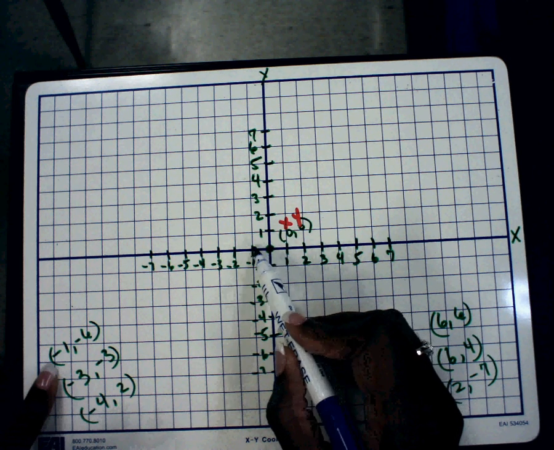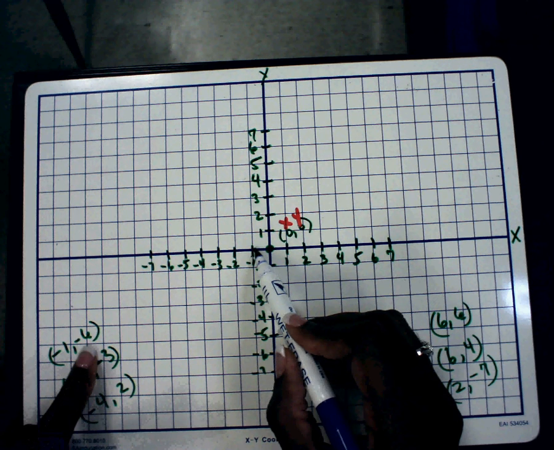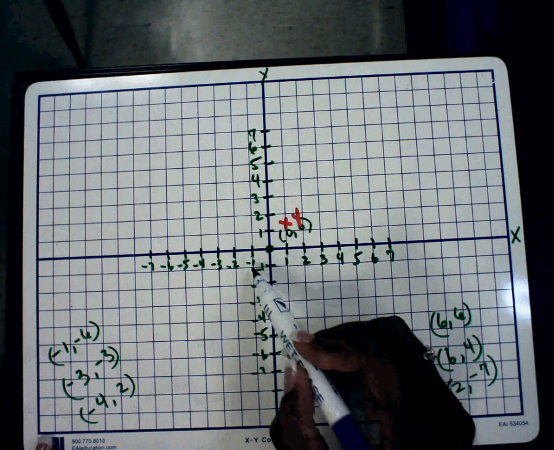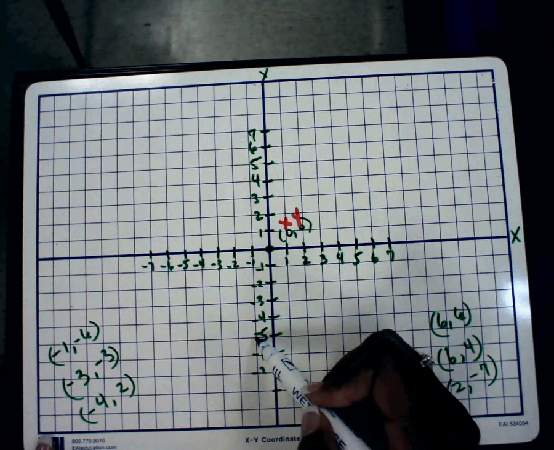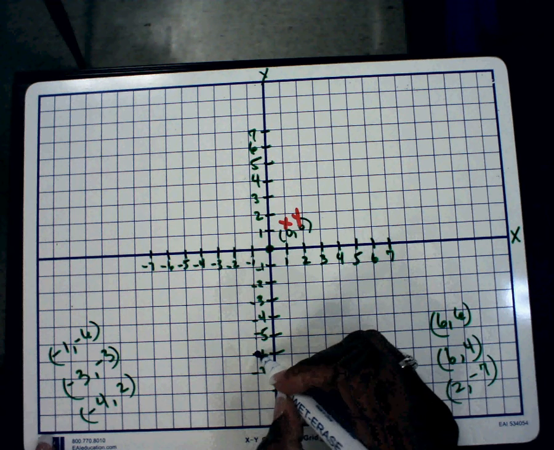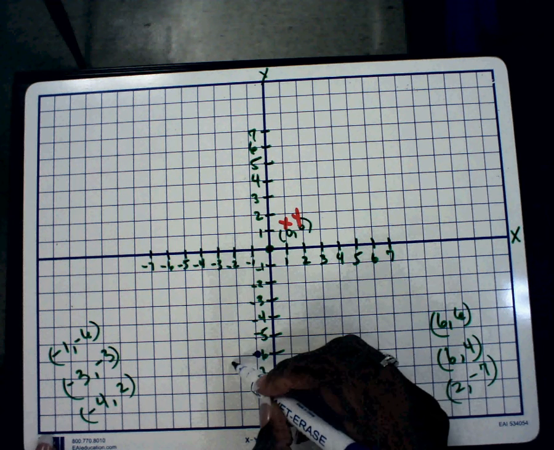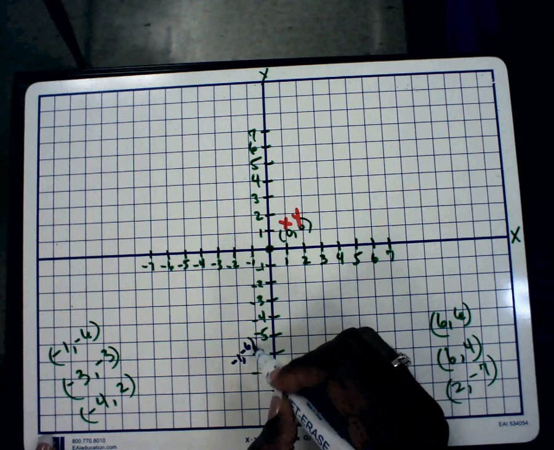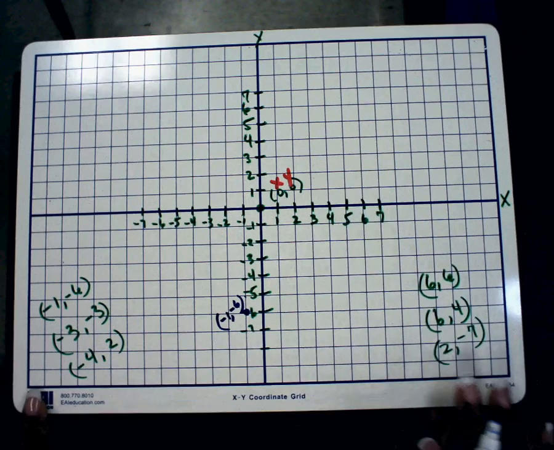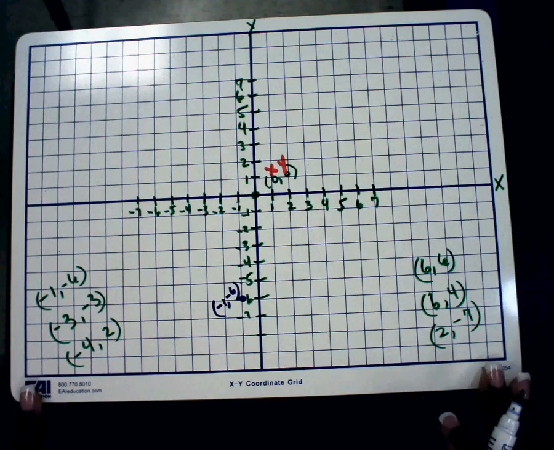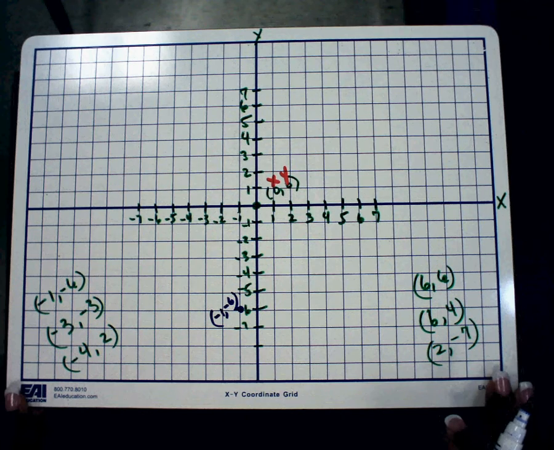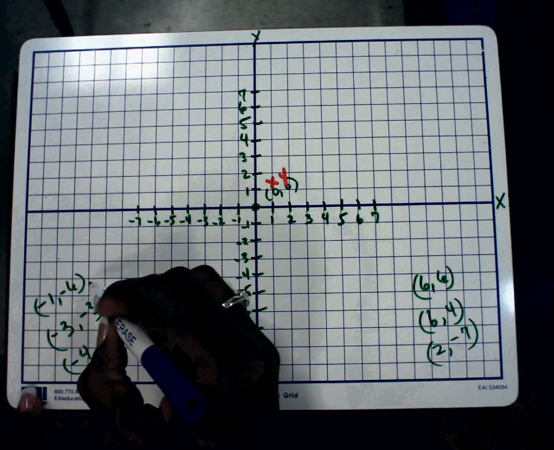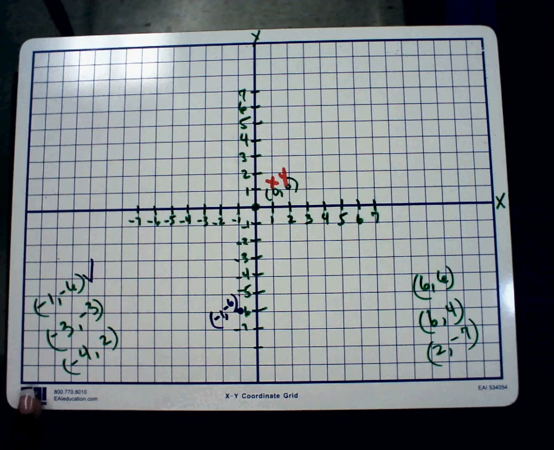Then our y value is -6, so we go down. We count 1, 2, 3, 4, 5, and 6. Then we label it -1, -6, and put parentheses around it. So we check off this one.